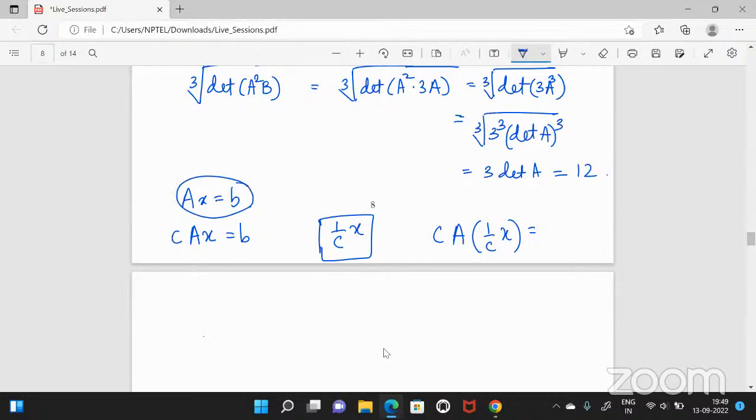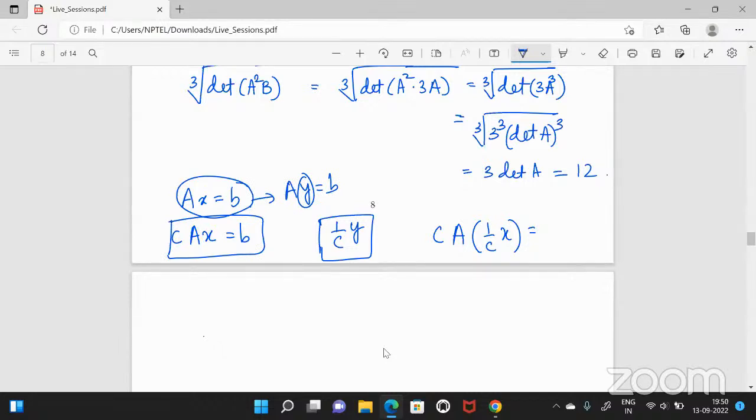I know this already has a solution, right? Yes. AX is equal to B. So say that solution is y. This is my solution. Okay. Now you have that y, which is a vector, right? You multiply that by 1 by C. But why 1 by C? From where do you take that? No, I am trying to somehow construct a solution for this system. I want to find a solution that fits into this.